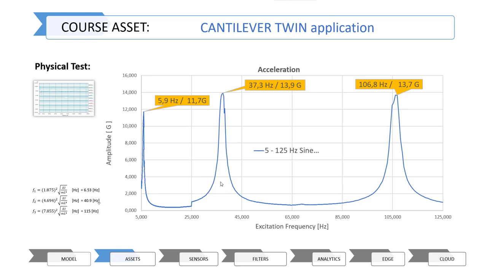But after a while, wear and tear could drift those resonance frequencies away from the initial values. And that would indicate that you have a problem with your clamping or some other errors or failure modes that have occurred.